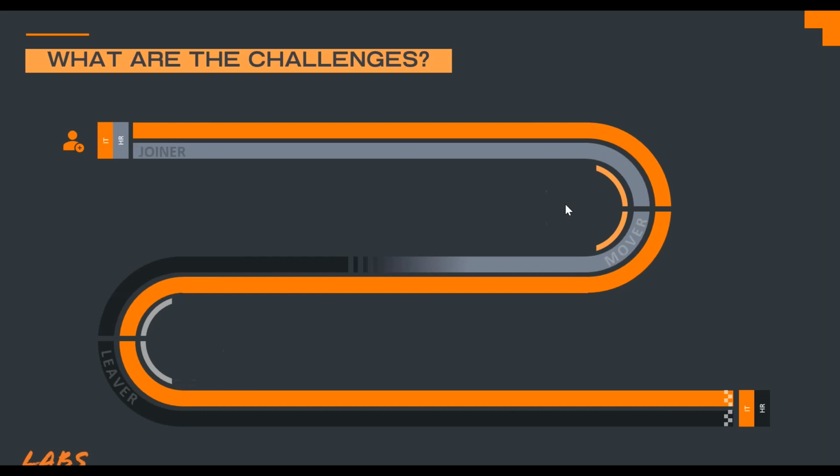When we talk about the challenges with regards to joiners, movers, leavers, we've been doing automation for a number of years now, and one of the most common problems we see, the one that always pops up, is joiners, movers, leavers. There's no right or wrong way to do JML, and each organization can be very unique in its own way.